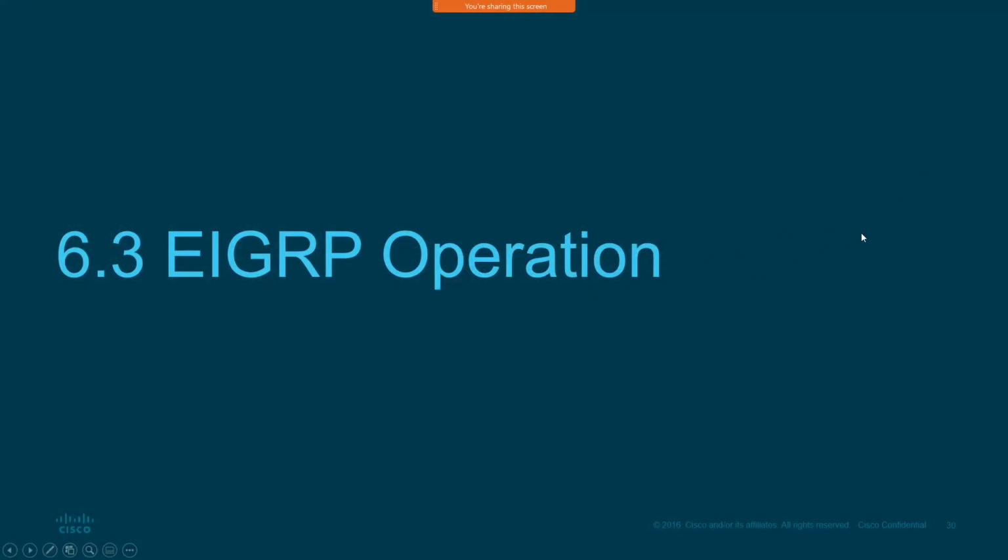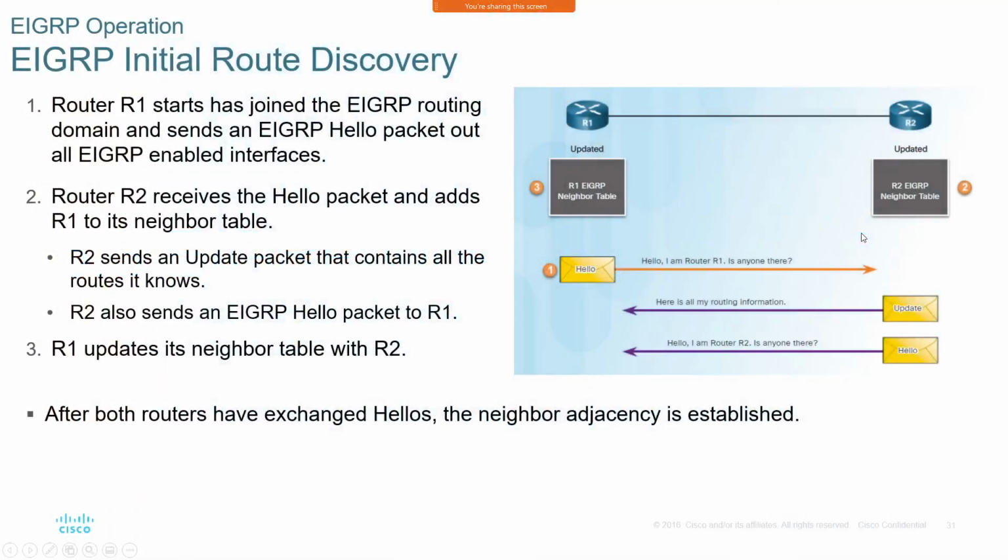EIGRP operation. Router 1 has joined the EIGRP routing domain and sends an EIGRP hello packet out of each EIGRP-enabled interface. This is basically the initial communication process that a router will do with another router once they have been configured with EIGRP. So one router sends a message to another router to tell the other router that they want to talk as well.